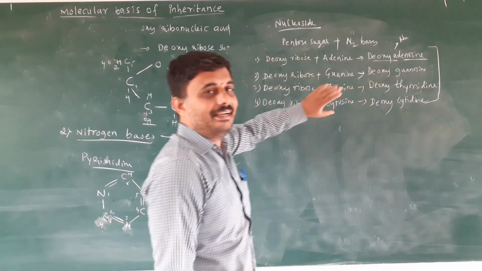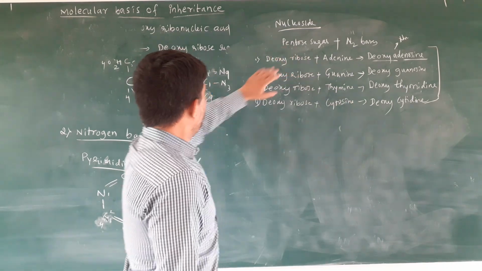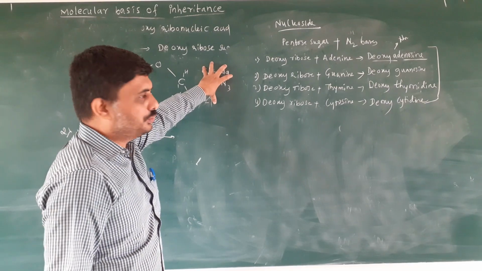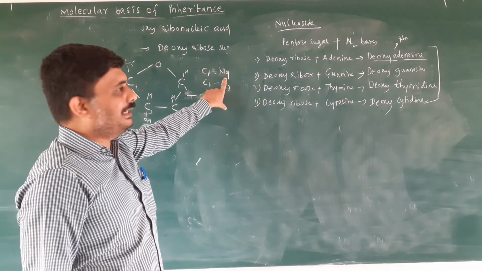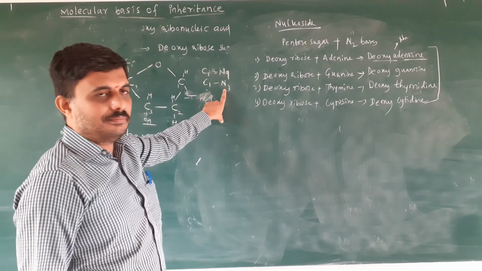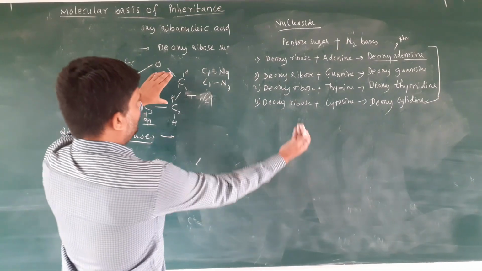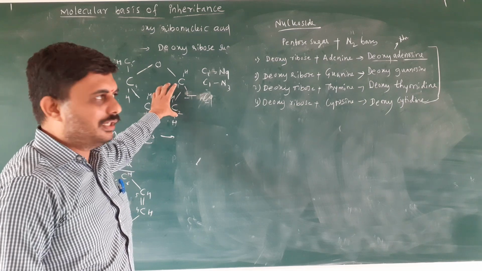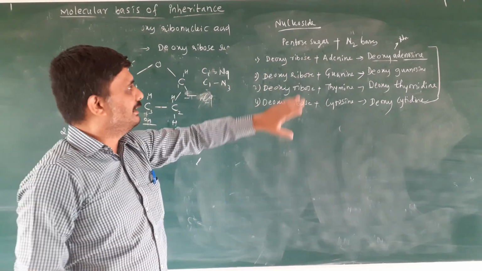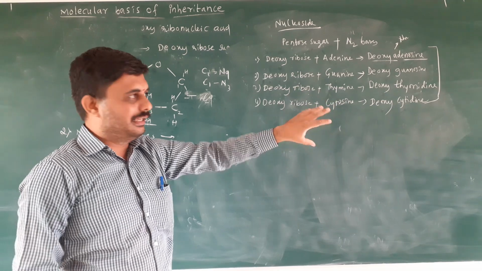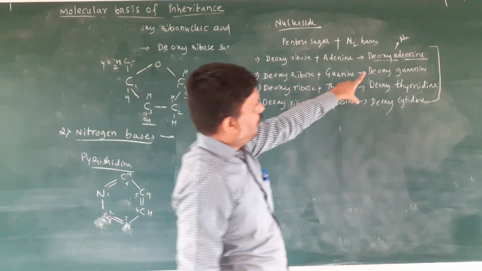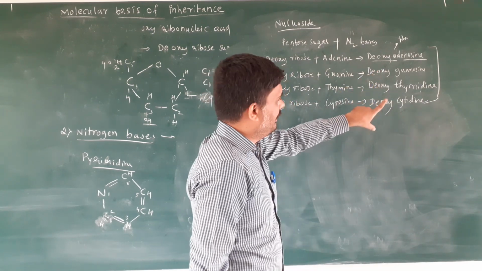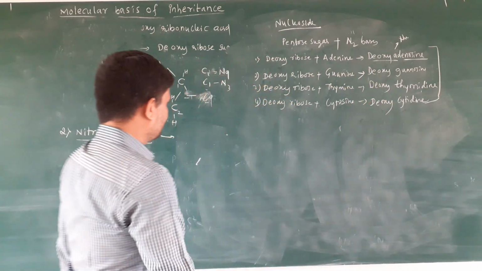What is a nucleoside? When pentose sugar, that is deoxyribose sugar, is attached to the nitrogen base, purine at the N9 position and pyrimidines at the N3 position, it is called a nucleoside, in either DNA or RNA. In case of DNA, they are called deoxyadenosine, deoxyguanosine, deoxythymidine, deoxycytidine.